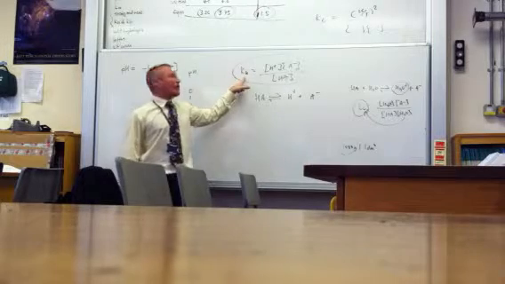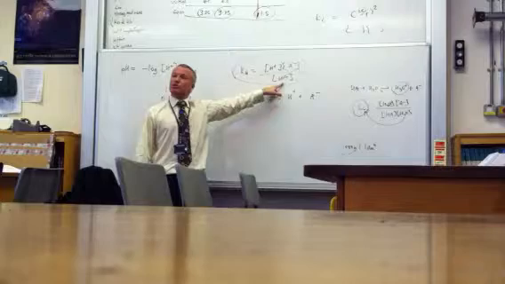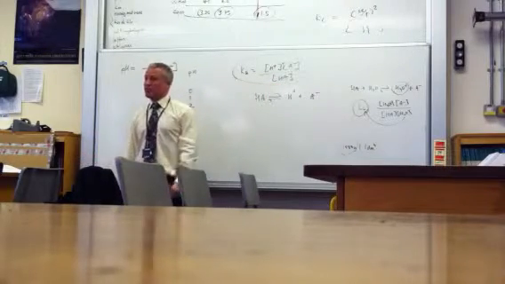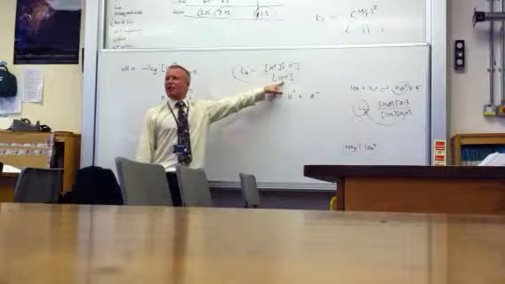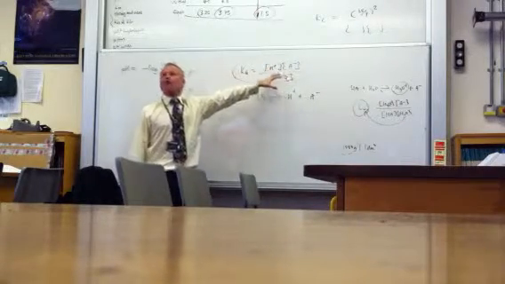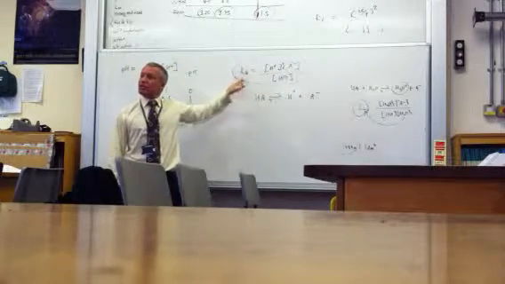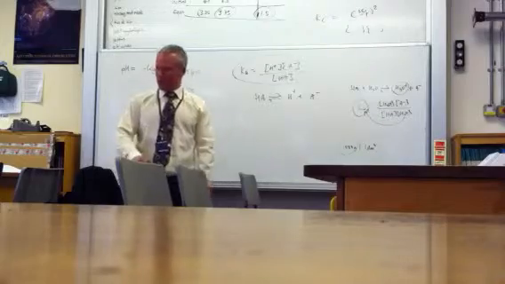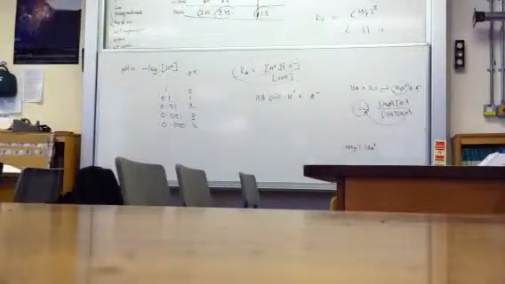So if Ka is big, it means that you've got lots of ions and not very much undissociated acid, which means it dissociates a lot. Yes? On the other hand, if it's the other way around and you've got a very big number here, you're going to have a small fraction. And so Ka is going to be very small, and that tells you it doesn't dissociate very much at all. Okay.